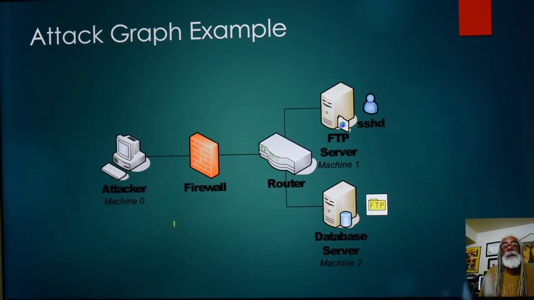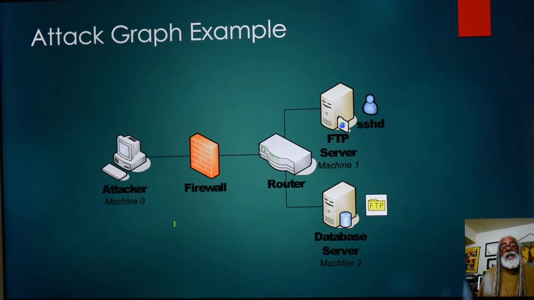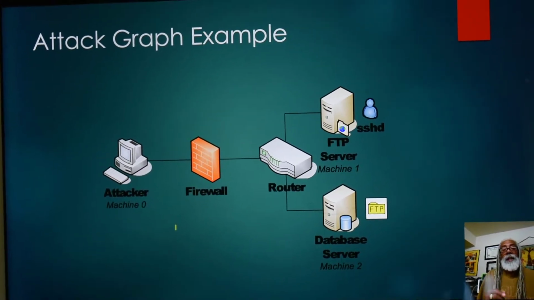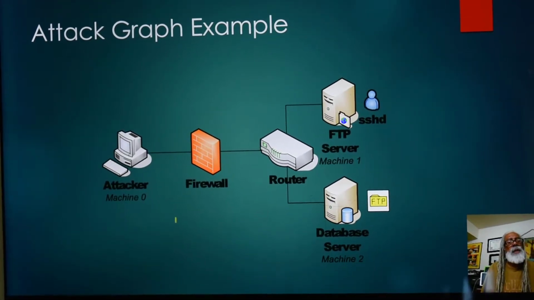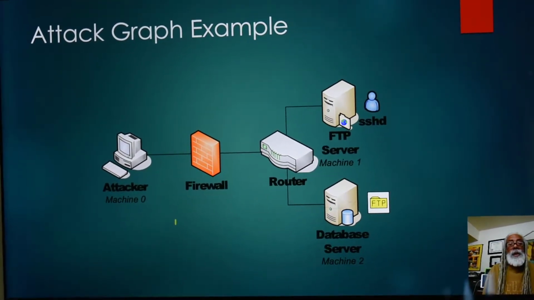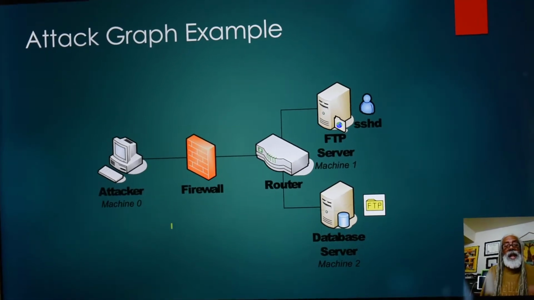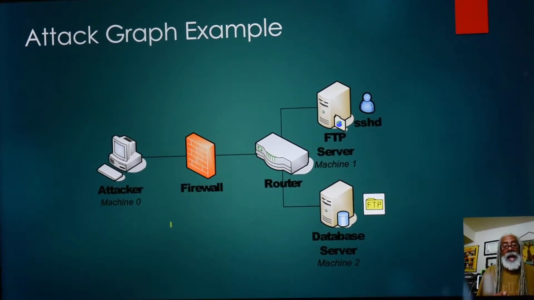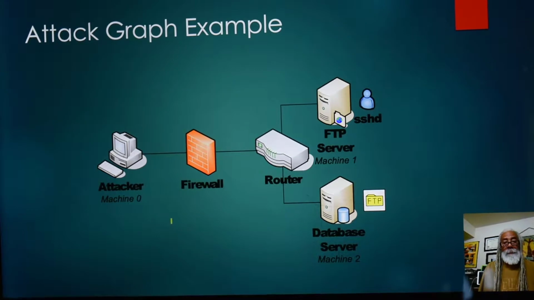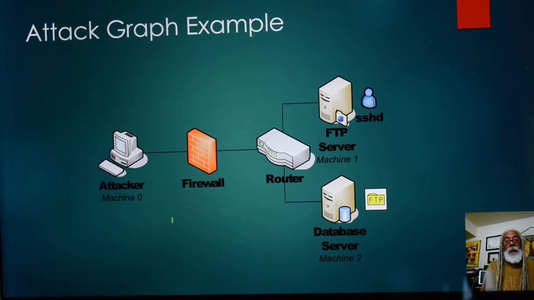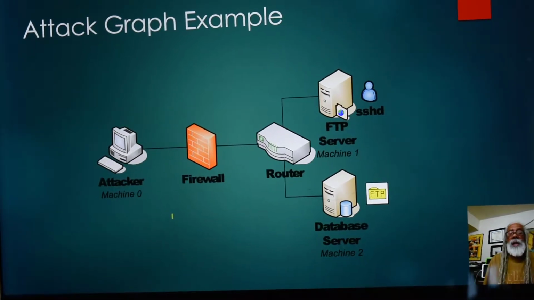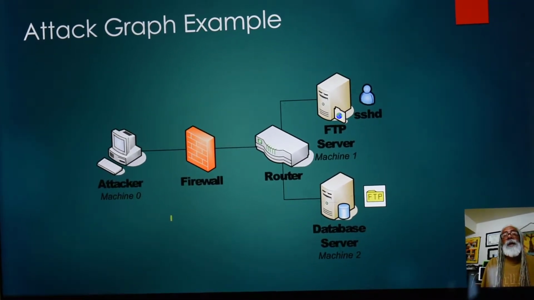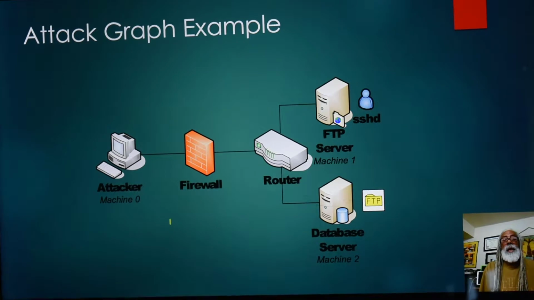If the attacker becomes successful and gets through the firewall, he goes to the router, and the router doesn't know anything about IP addresses, so it just splits and goes to the FTP server and the database server. By hitting these two, we can get some extreme damage done once it's going through this firewall, which is why we have to worry about security in the networking system.